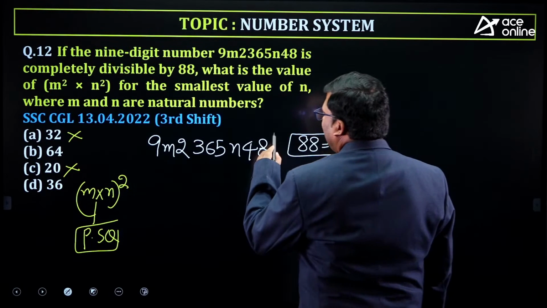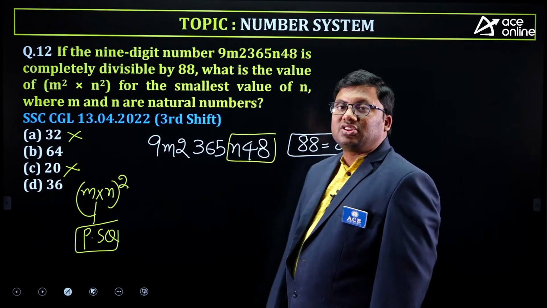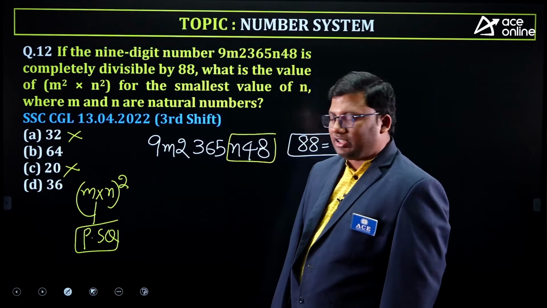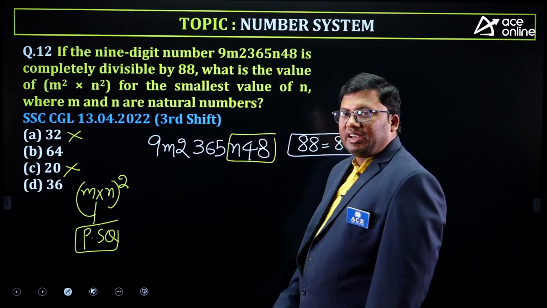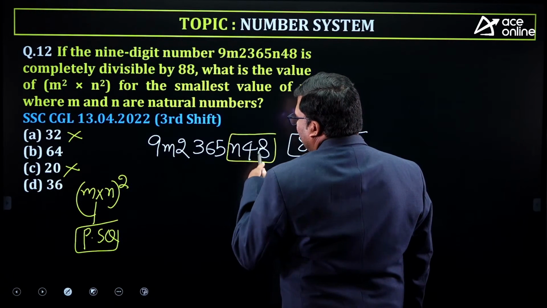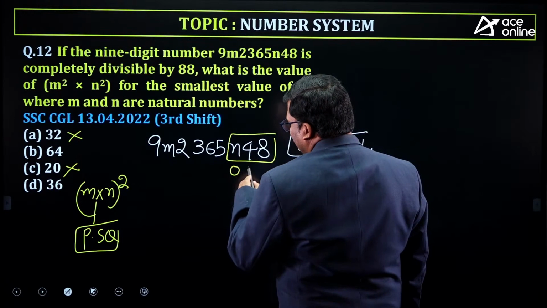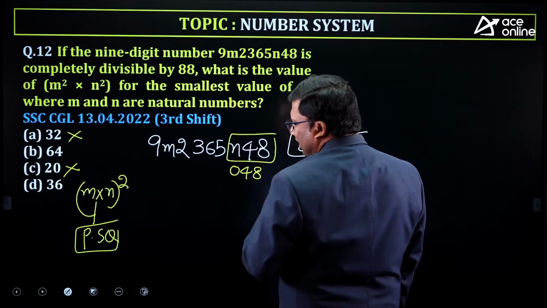It should be divisible by 8. What is the divisibility rule of 8? The last 3 digits should be divisible by 8. Last 3 digits, 48, it is divisible. So if I keep n value 0, it will be 048. Yes, it is divisible. 8 6s are 48.